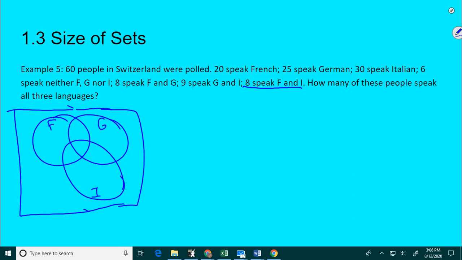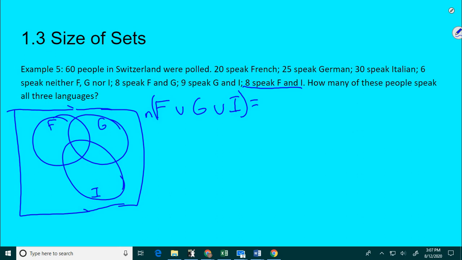We're going to kind of develop this. Number in F union G union I. Okay, it's pretty long, but it should hopefully make sense once you see it.